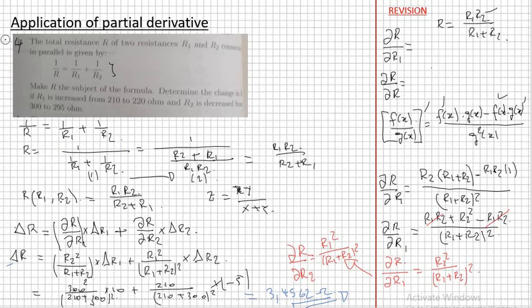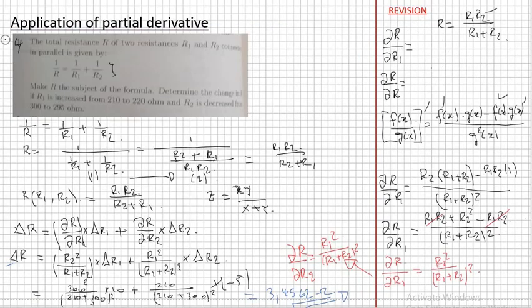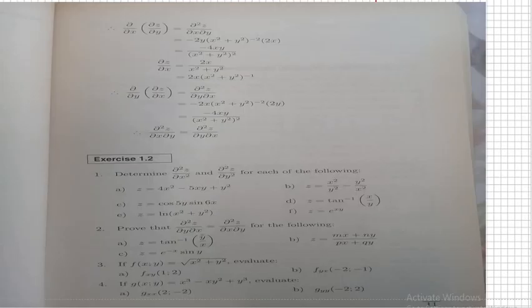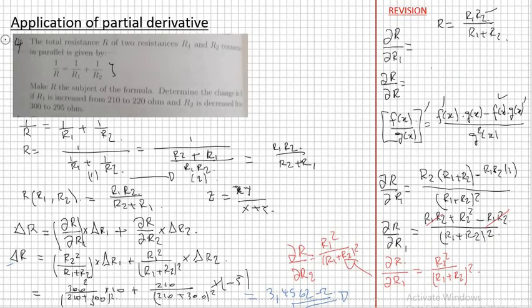Yeah, that's it. So there are a lot of questions that you can also try. These are basically the exercises from your textbook. So you're gonna have to do exercise 1.2, the second derivative questions, from 1 to 4 if you have time, and then you will also touch some application of partial derivative.